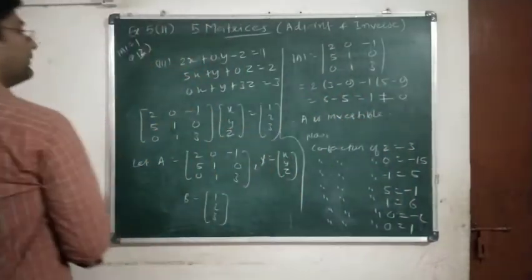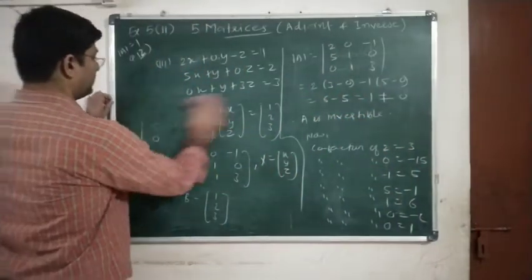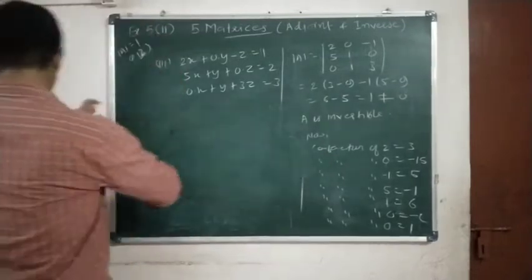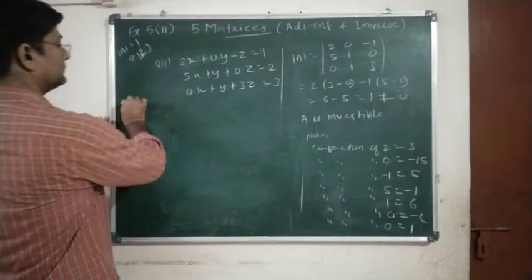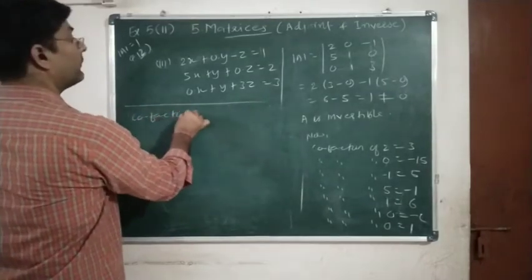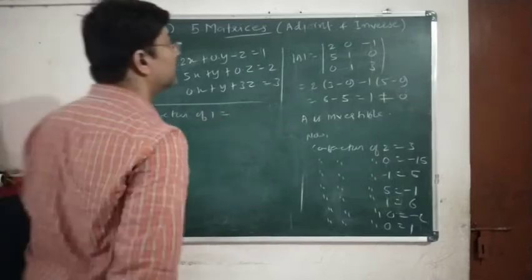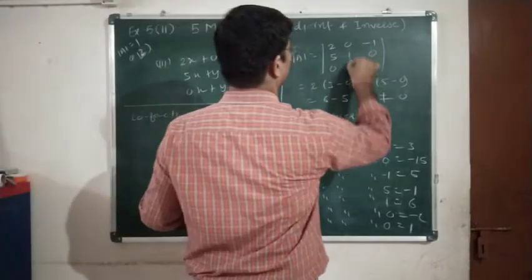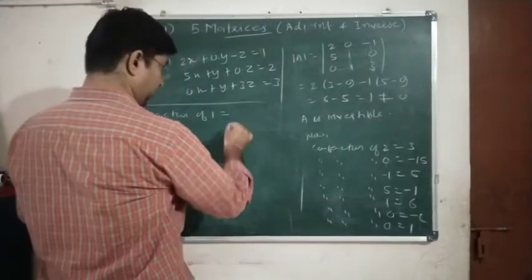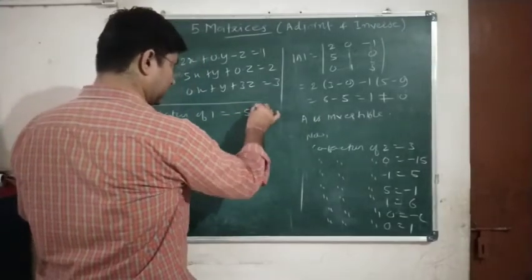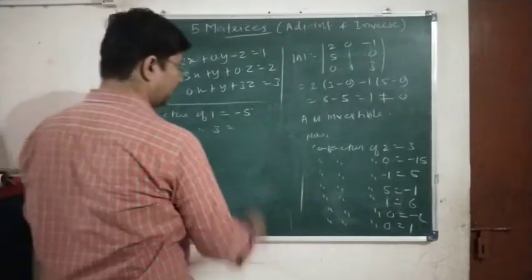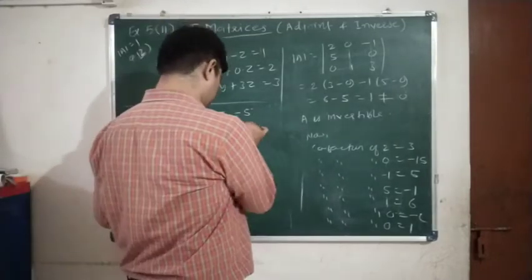Now two more are left, cofactor of 1 and cofactor of 3. Cofactor of 1 will be equal to 0 plus 1, so minus 5 will come, and cofactor of 3 will be 2 1s are 2.